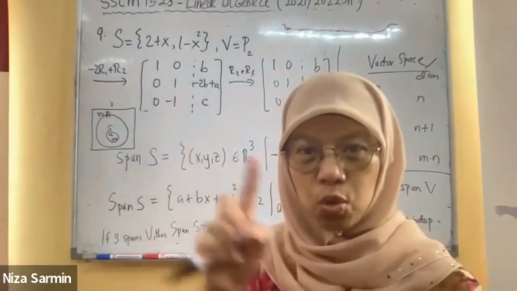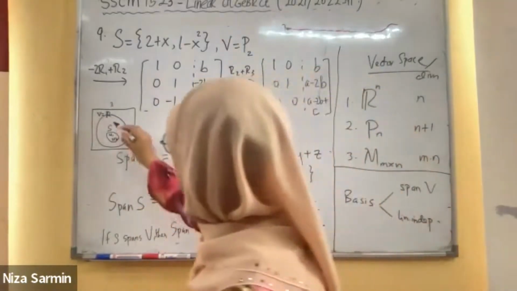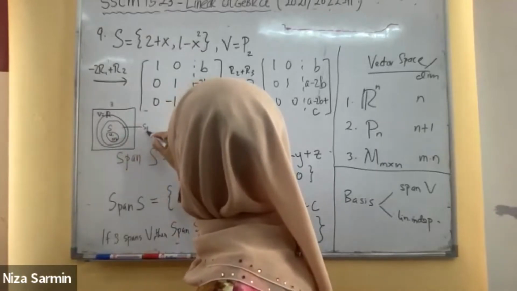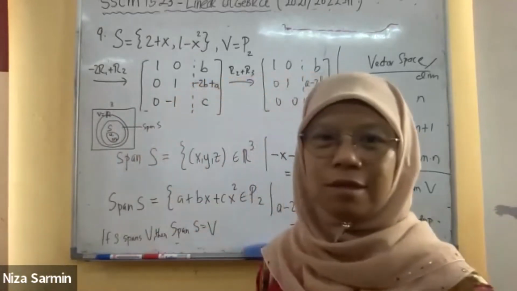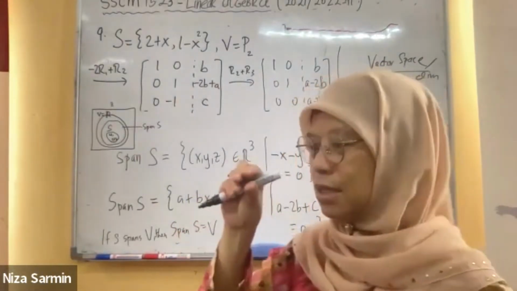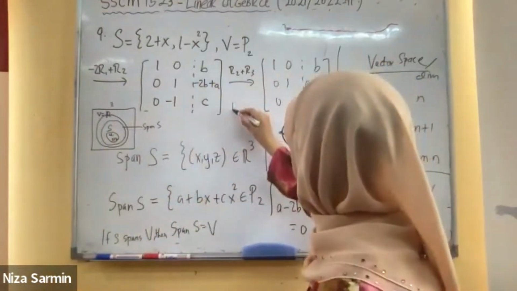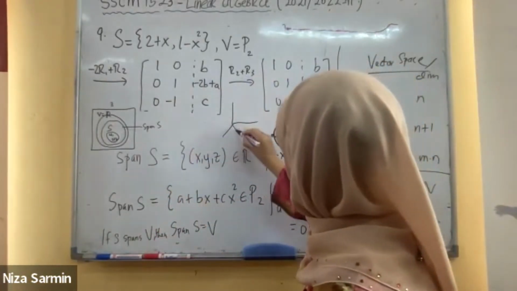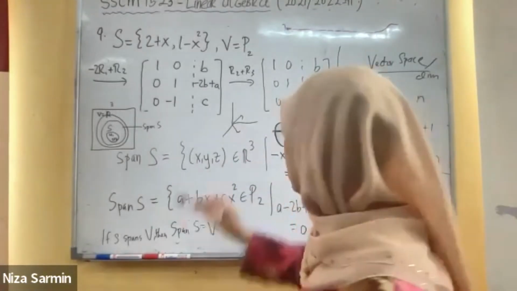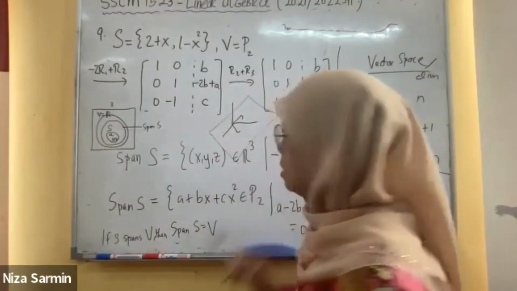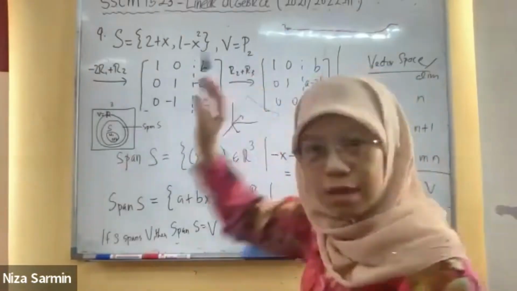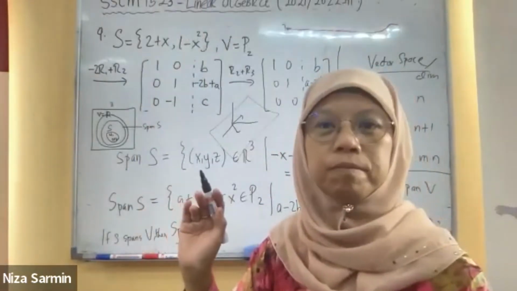To span the whole of V, then it will span just this part. It will span bigger because it's a linear combination, but the set is two vectors, right? If you draw, the set may be just this vector. But the span probably plane, yeah? But your whole V is the 3-dimension, this like this room.